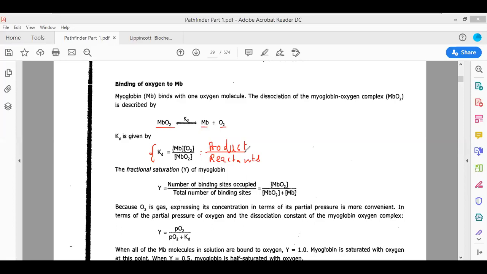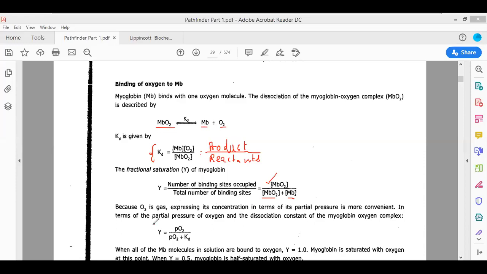So here we can calculate the ratio as the number of binding sites occupied divided by the total number of binding sites present. The number of binding sites occupied means MbO2, divided by the total number of binding sites present, which is the total number of binding sites occupied plus the total number of binding sites that are unoccupied. Binding sites present equals occupied plus unoccupied.